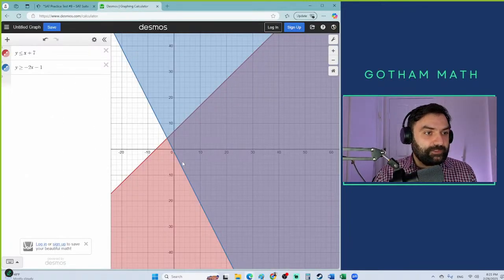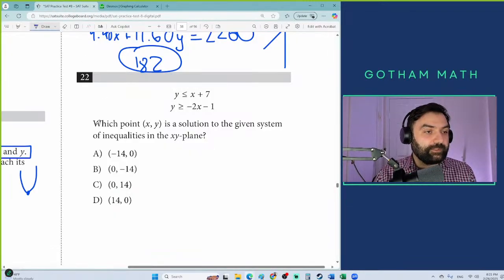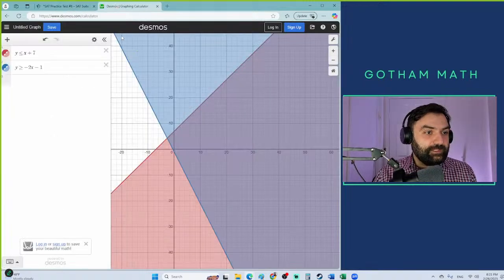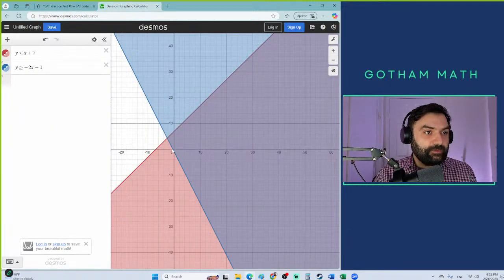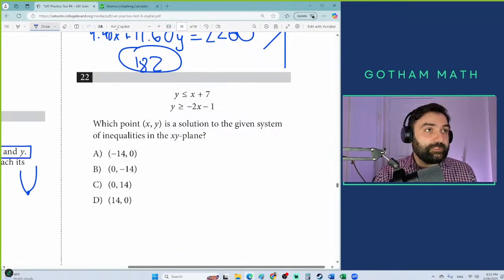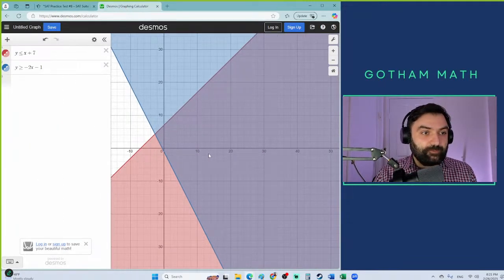Negative 14, 0, hell no. 0, negative 14, I don't think so. It's going to be somewhere here. 0, 14, no, it's going to be within the blue. And 14, 0 is going to be the answer because 14, 0 is somewhere here, and this is definitely in a double shaded region.